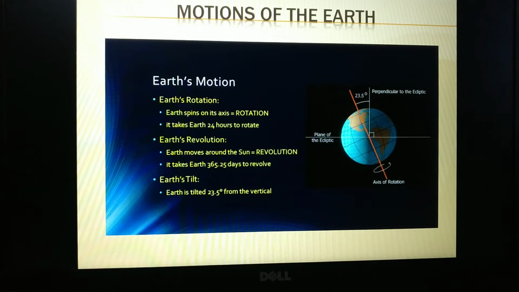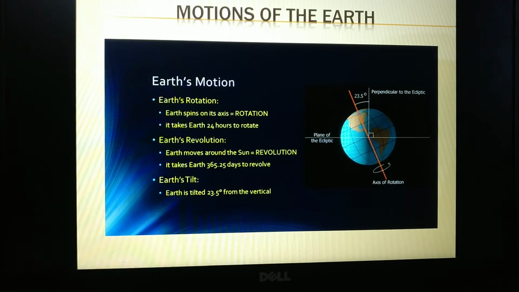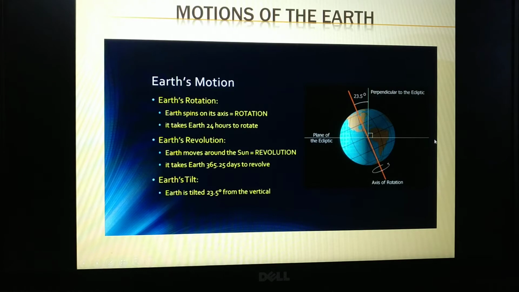Earth's tilt. The earth is tilted 23.5 degrees from the vertical. If you see here, this is the axis. This is the vertical plane, and this is the vertical line.